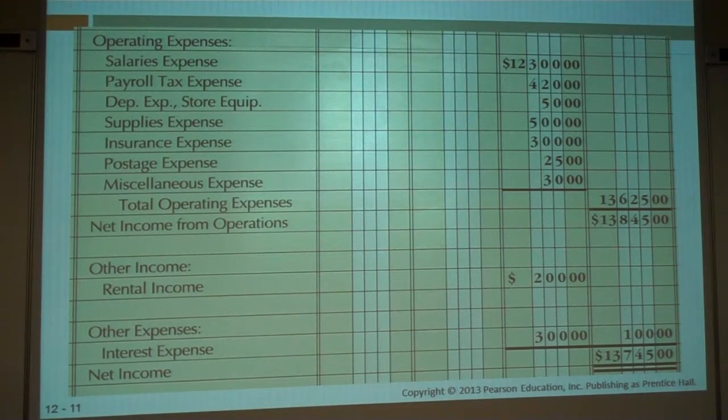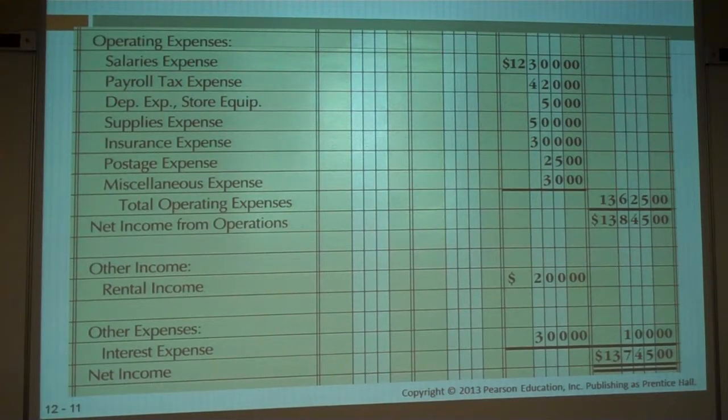If we have a huge warehouse, we could be renting some of that warehouse space. So that is called other income. And we could have other expenses. This has interest expense, but what if we had an expense that was dealing with that rental income? If that warehouse is off-site and we have to do a little repair for that piece of property that we're using for rental income, we might put that under the other expenses.